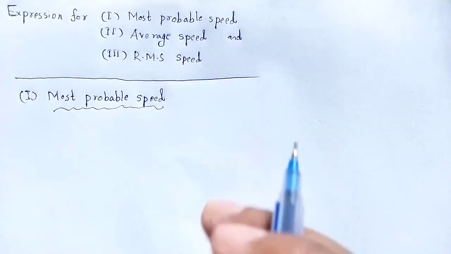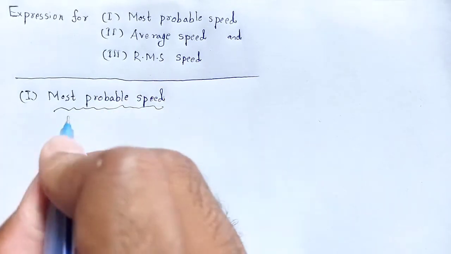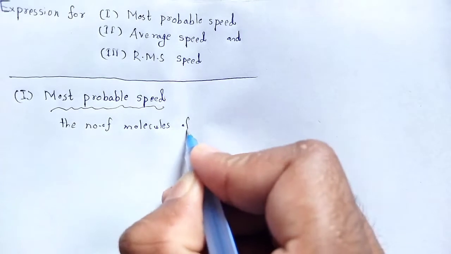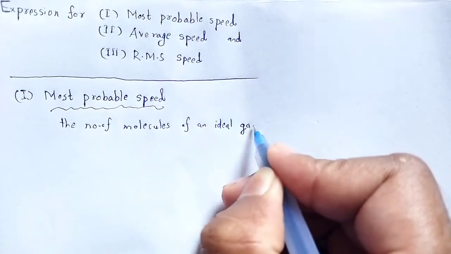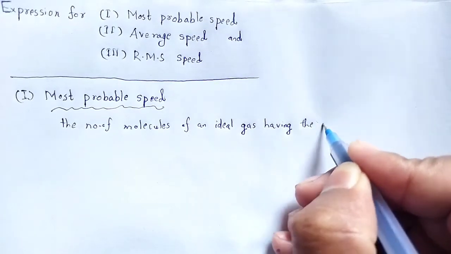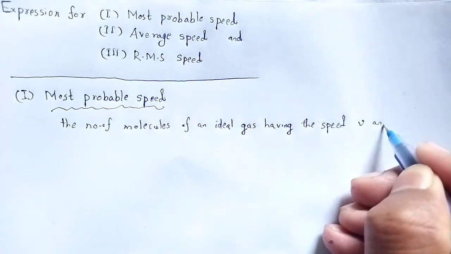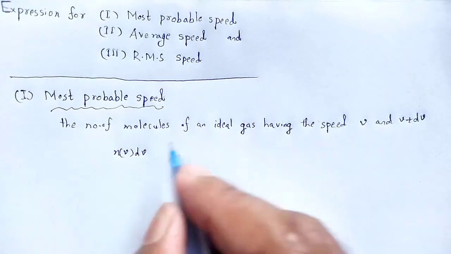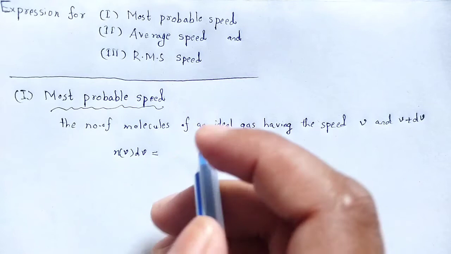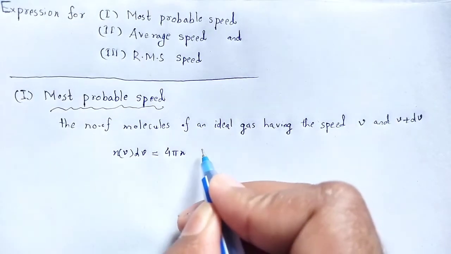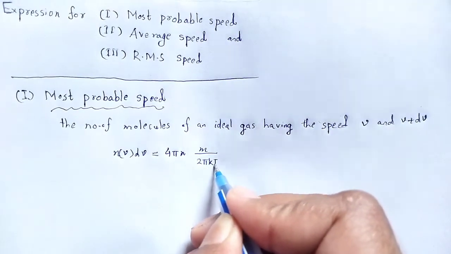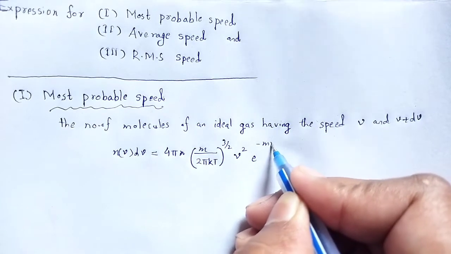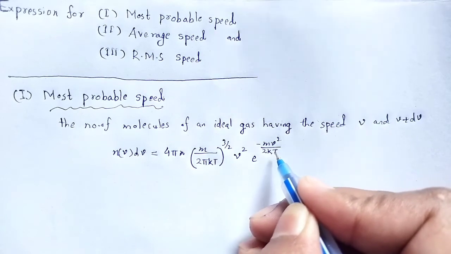How to calculate the most probable speed? First we know the number of molecules of an ideal gas having the speed between v and v plus dv, that is n(v) dv, the number of molecules in that speed range from Maxwell-Boltzmann distribution law of velocities, that is 4 pi n (m divided by 2 pi kT) to the power 3 by 2 v square e to the power minus mv square divided by 2kT dv.